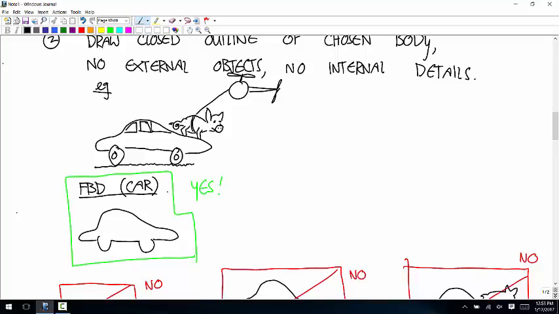So I'll start back here, go around. Here's contact. That back wheel contacts the ground. Here's contact. The ground contacts the wheel again. Go around. Here's contact with the hoof. Another contact with the hoof. There's no other contact.